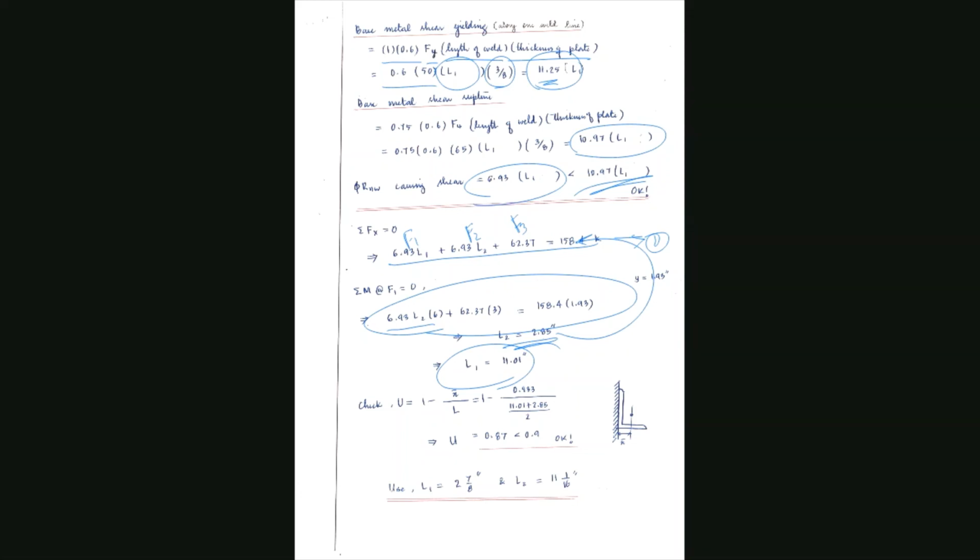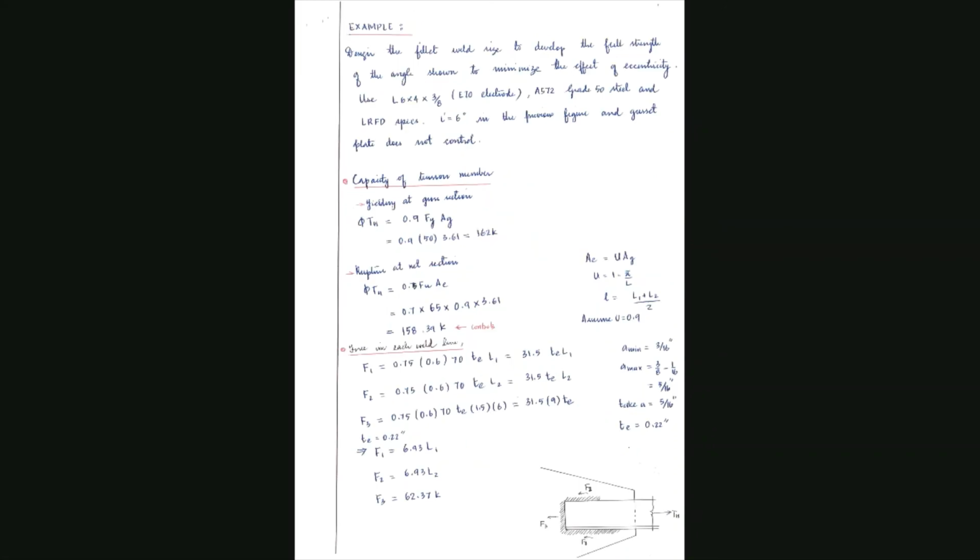And once you have found the value of L1 and L2, you can check the value of U. You see that the value of U is 0.87, which is less than 0.9. Now why did I say it is okay? Something that we need to check. If you go up to where we assumed the value which controls, we had assumed the value of 0.9.